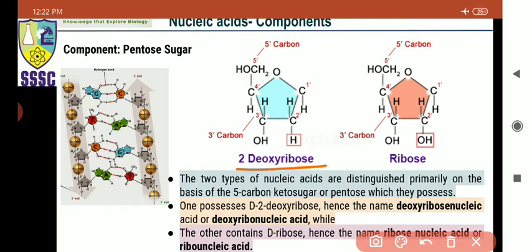But in deoxyribose, the oxygen is removed and it is known as deoxyribose. So all the sugars in DNA are deoxyribose, and all the sugars in RNA are ribose sugar. Otherwise, there is no difference between the two nucleic acid sugars.